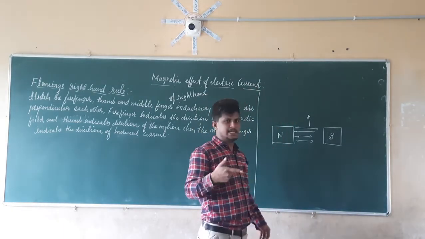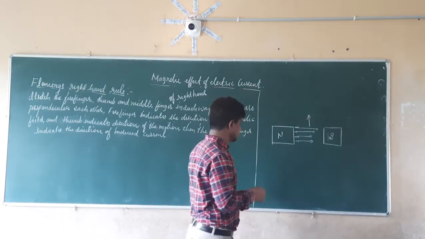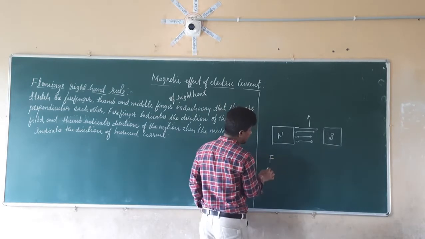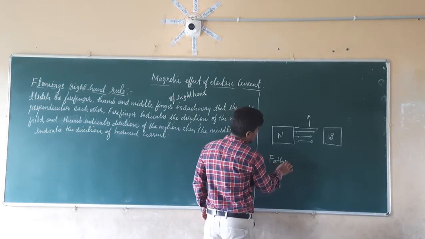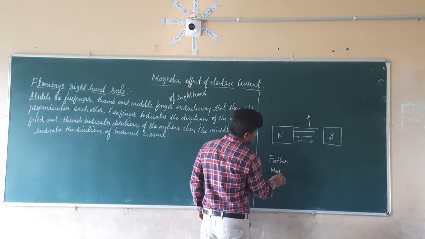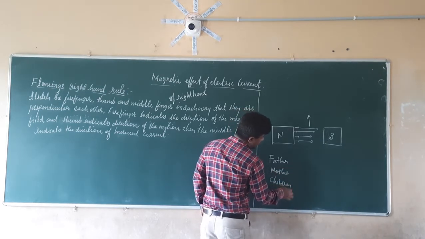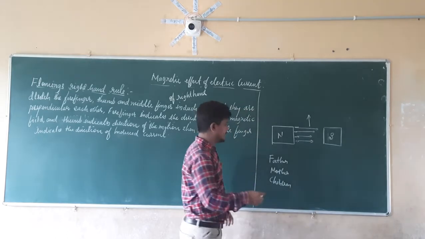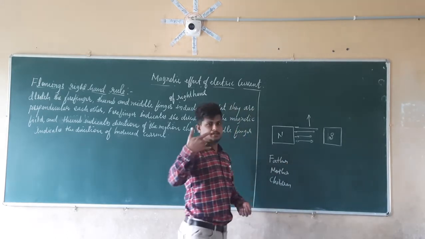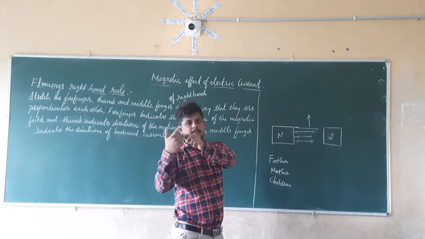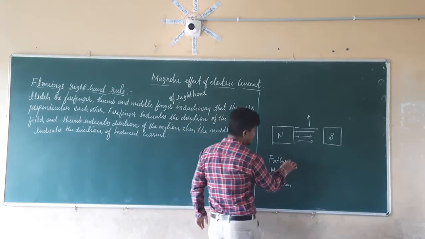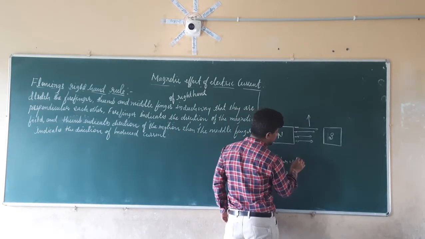Again we are going to take here father, mother and children. So father is nothing but what? Father is the thumb again. Father is the thumb, then mother, and then children.